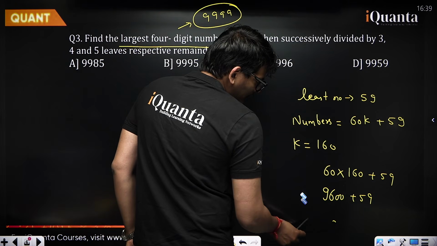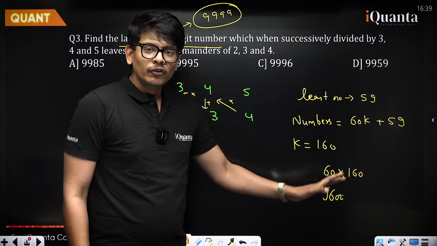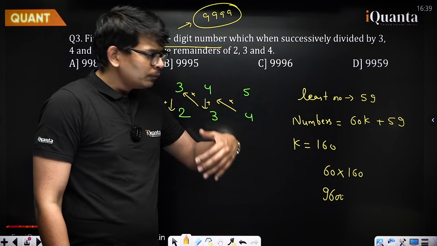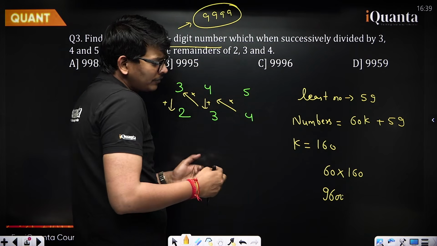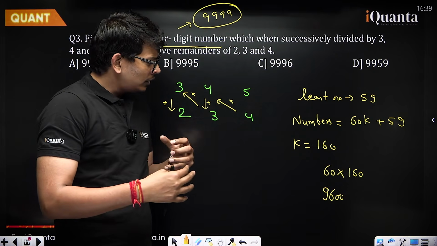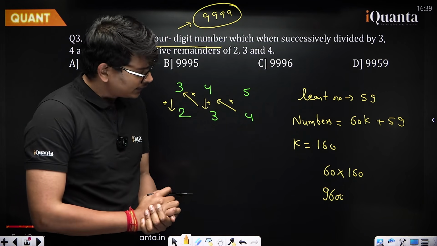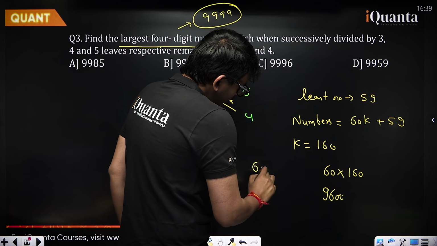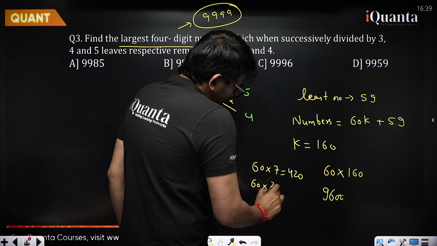So from this we got an idea that 60 into 160 is 9600. Let's move further. So I'm adding multiples of 60. If I add 60, I will get 9660. So let's do more hit and trial. You need to be comfortable with the table of 6. So 60 into 7 is 420. 60 into 8 is 480.